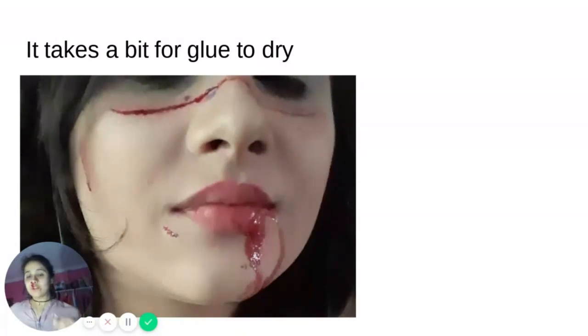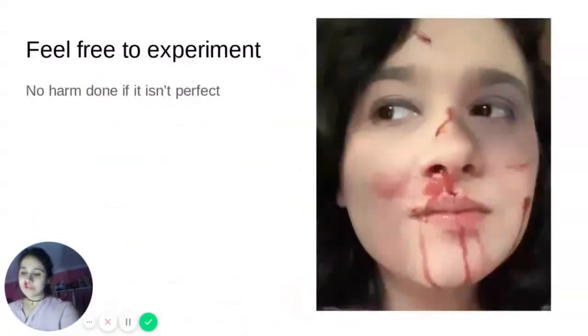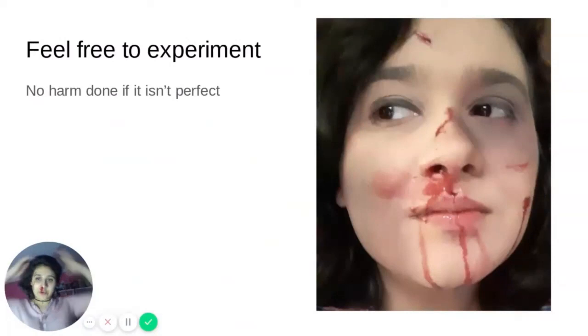Or, if it was too much glue and it's not drying fast enough, you can take off all the glue that remains. And feel free to experiment. It does no harm if it's not perfect either.